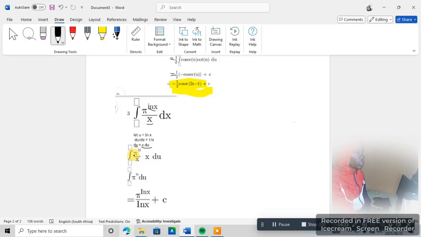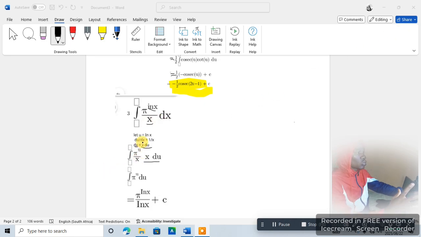So then now you can see we are substituting our u here. Then we'll have the integral of pi to the power u over x multiplied by dx, which is equal to x du. As I was explaining, dx is equal to x du, so we replace the dx with x du.